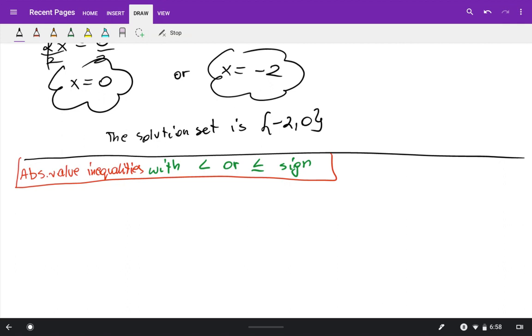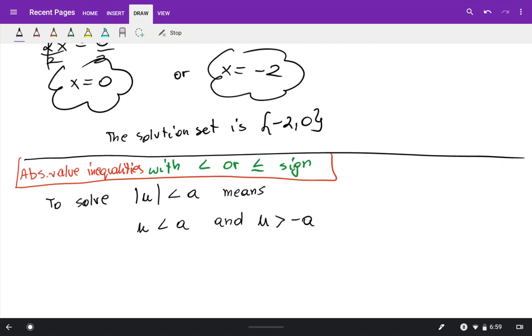So to solve, the absolute value of the expression u is less than a. That means that u is less than a and u is greater than negative a.